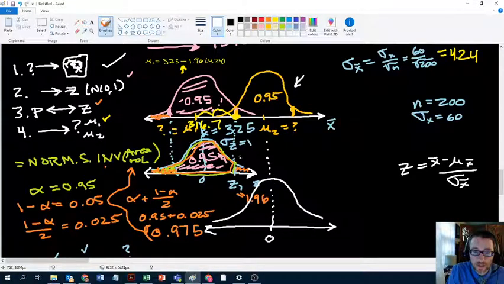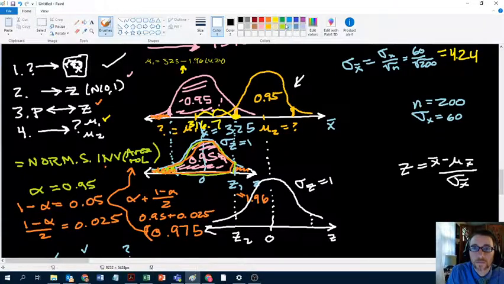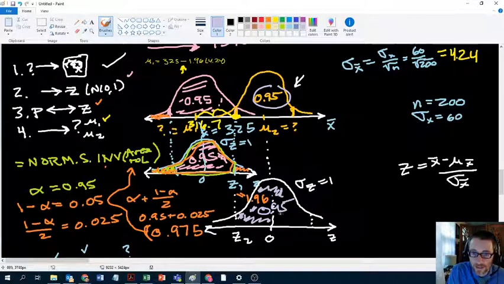This x bar here now corresponds to z2, which is over here. The mean of the z distribution is always 0, and then the size of the area in between here is still 0.95. So now instead of having our z be at the top end of the middle 95%, we now have our z being at the bottom end of the middle 95%. So that's the end of step 2.